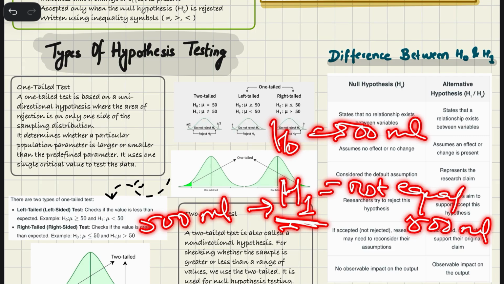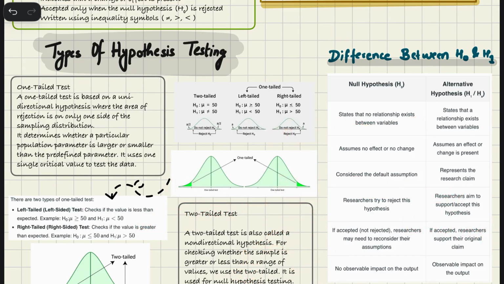So you will check the critical rejection region. Where will you check it? Either it will be less than 500 ml or greater than 500 ml. So you are checking both ends, the lower and the higher end. That is the two-tailed test.